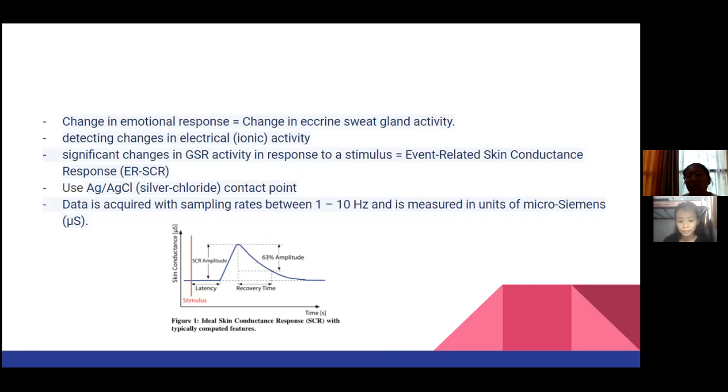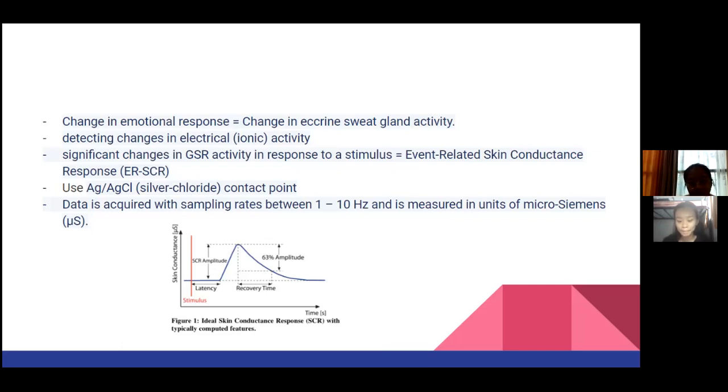Another simple question: the change in eccrine sweat gland activity here is measured by the electrical ionic activity in the skin, skin conductance, is that so? Yeah.